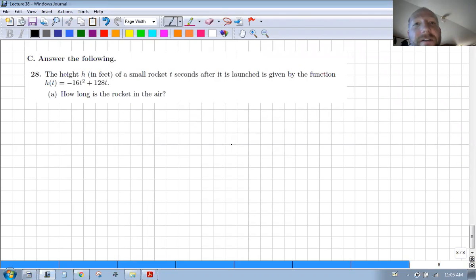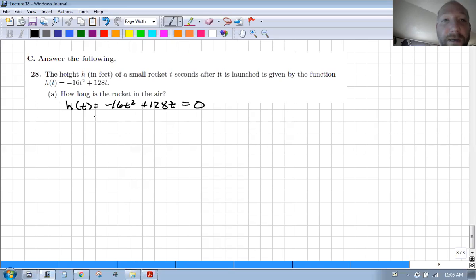The height h in feet of a small rocket t seconds after it is launched is given by the function h of t. How long is the rocket in the air? Well, let's set the height equal to 0 because when it lands, the height's 0, and then we'll solve for t. So we set the height equal to 0, and now we solve for the time. So we could pull a negative 16t out of here.